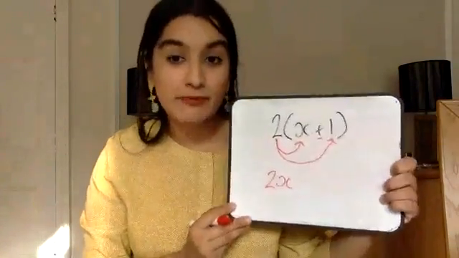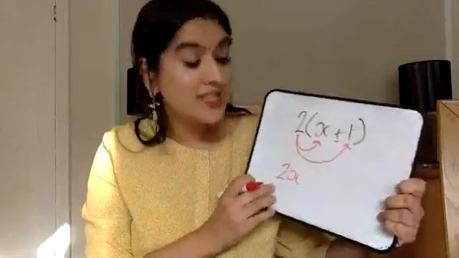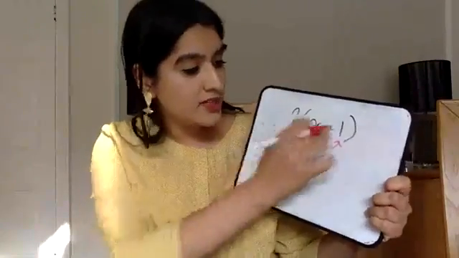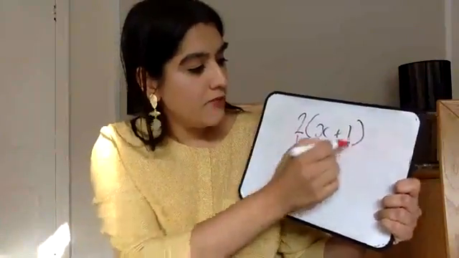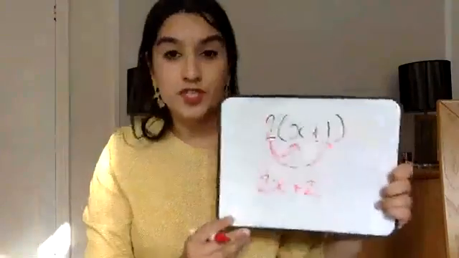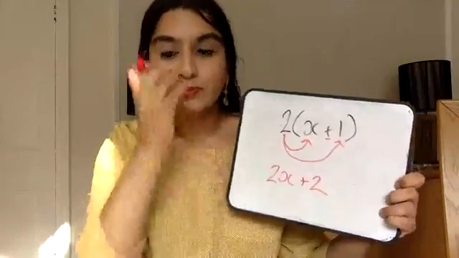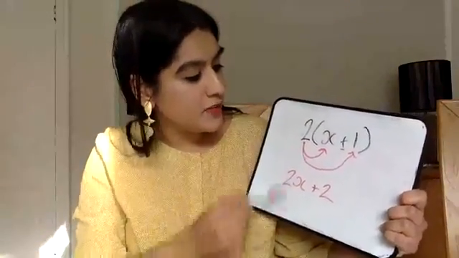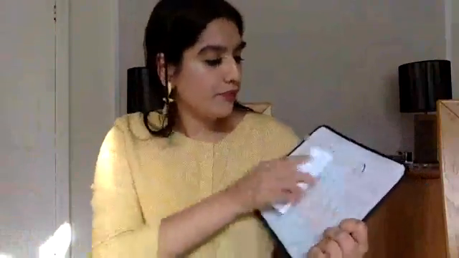As we've seen before, when we see a number right next to a variable, it's actually a multiplication. So 2 multiplied by x gives us 2x. Let's think about our operating symbol of addition. And then 2 multiplied by 1 gives us 2. So that's how we expand the brackets, and we follow these 2 steps to do that. So it becomes 2x + 2. Okay? Cool.